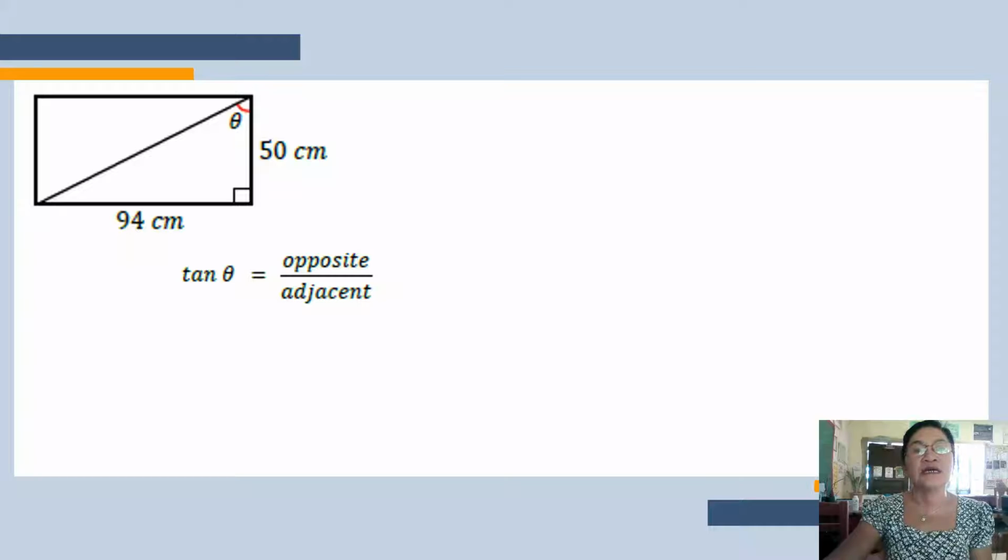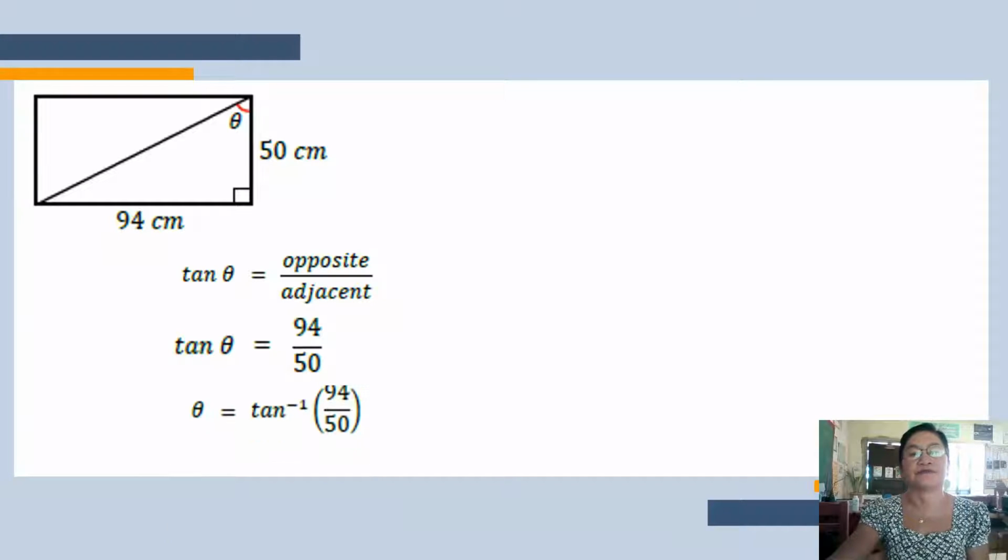Since the angle here is what we are solving for and the two sides are given, we can use the tangent ratio, which is defined as the opposite side over the adjacent side. Then after that, we are going to substitute. The opposite side of angle theta is 94 centimeters, and the adjacent side, as you can see in the figure, is 50 centimeters.